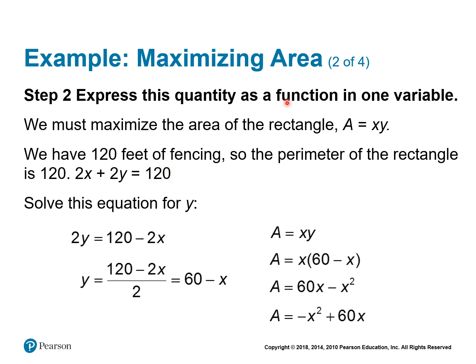So to get everything in terms of one variable, we are solving this equation for y. We take 2x plus 2y equals 120 and write it in terms of one variable. That means y by itself on one side, everything else over to the other side.